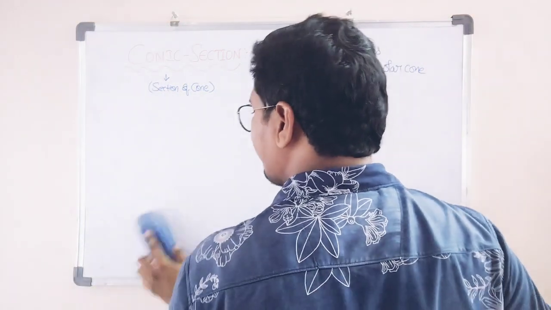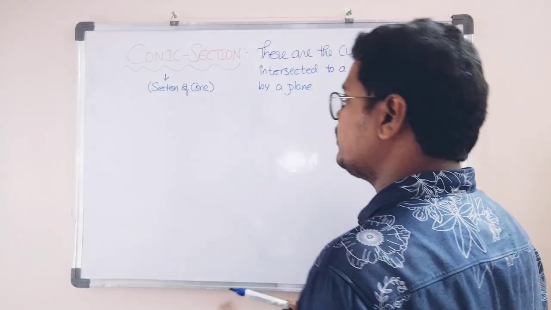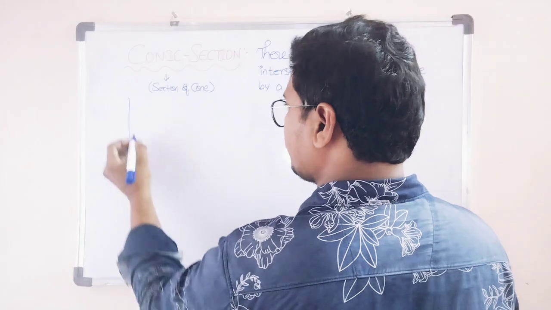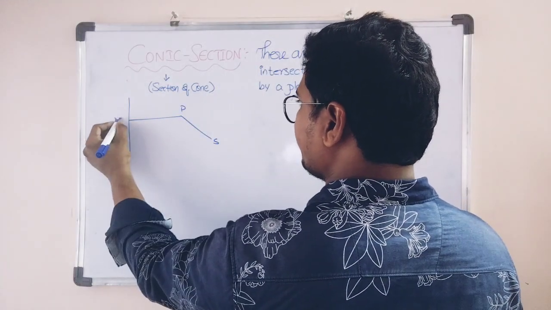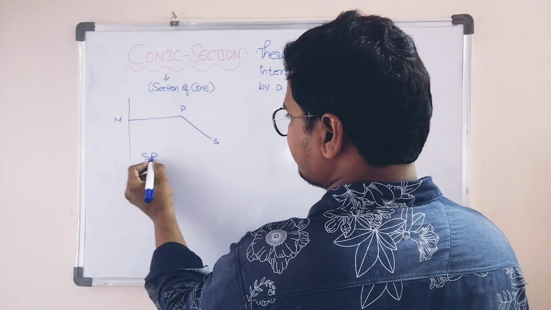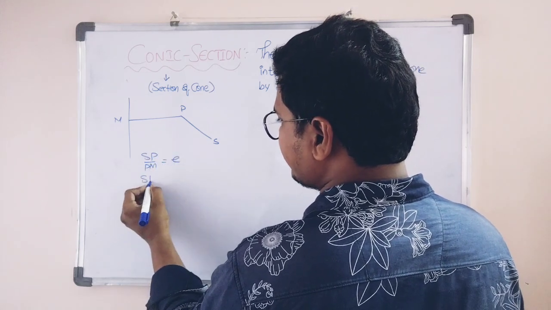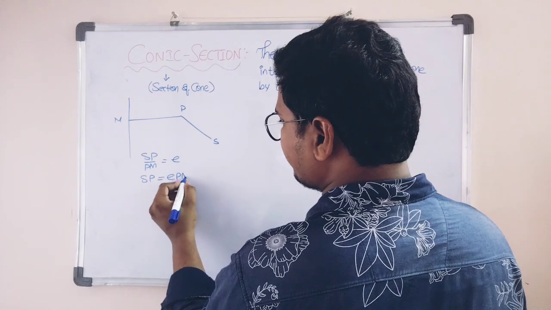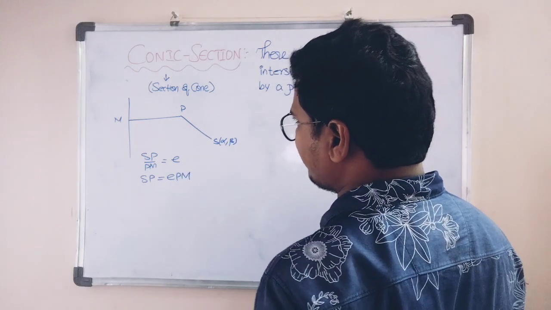I forgot one thing: I have drawn SP by PM equal to e, right? SP by PM is equal to e, in the sense SP equals e times PM. Here I already told you S is a fixed point, which we consider to be (alpha, beta).